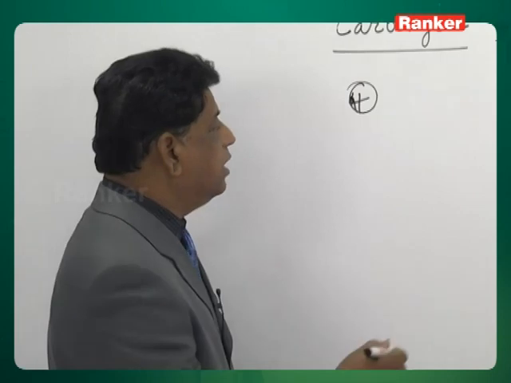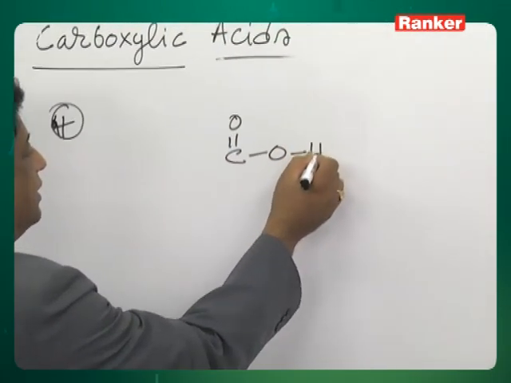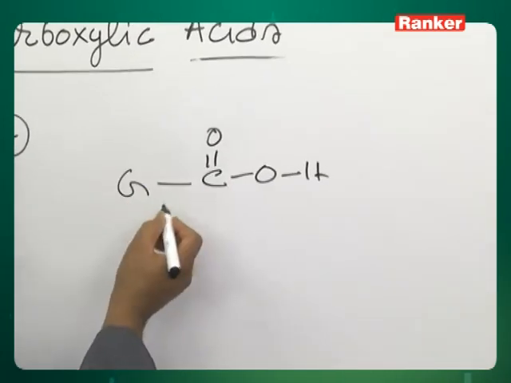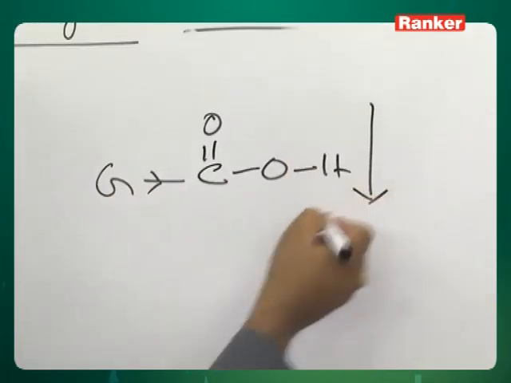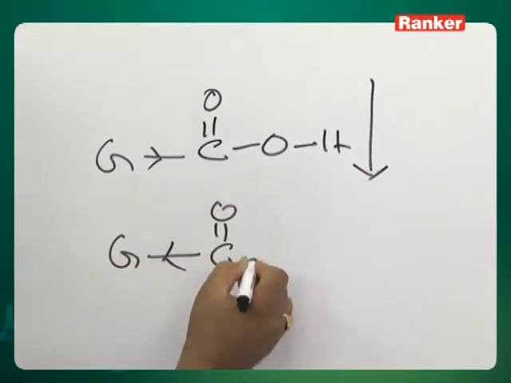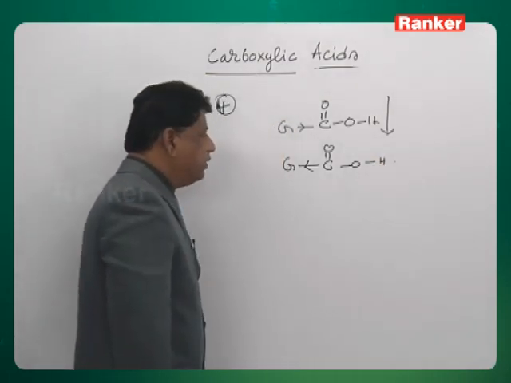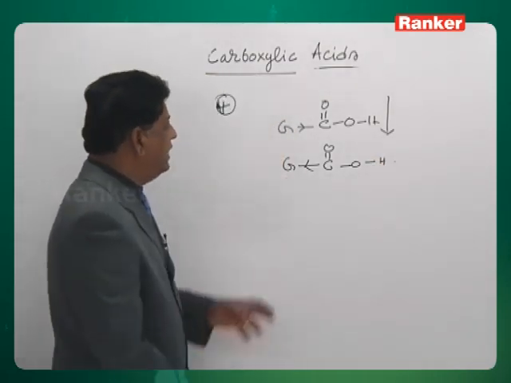So as I said, for the carboxylic acids, we have a general explanation. Any group which donates electrons, the acidity is decreased. Any group which withdraws the electron density through the minus I effect or through minus hyperconjugation and so on, increases the acidity.